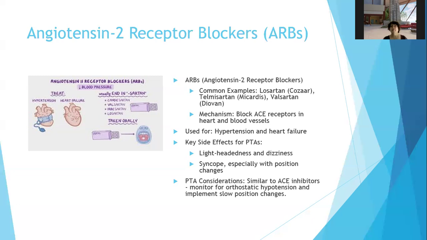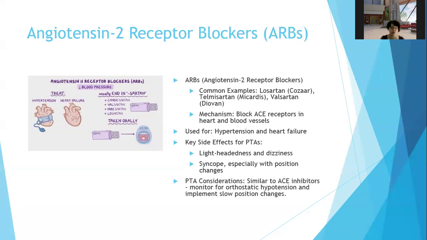The common examples usually end in tan: losartan, telmisartan, valsartan. If you see those names, you're like, okay, that's probably an ARB. So it blocks ACE receptors in the heart and the blood vessels.